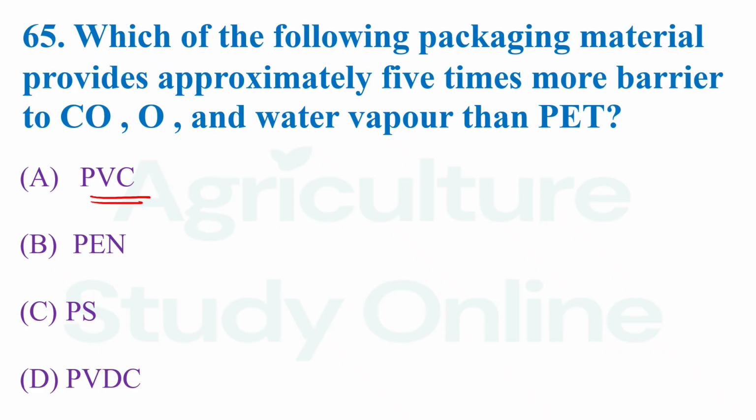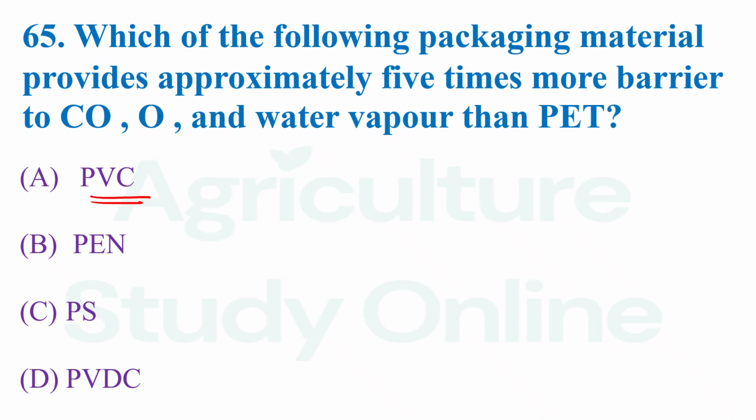Next, PEN. So it is better than PET in thermal and gas barrier capacities, but it's not 5 times higher barrier. But it is having a high performance. Next, PS. So it's a poor barrier to gas and moisture, and it is used for disposable cups, trays.